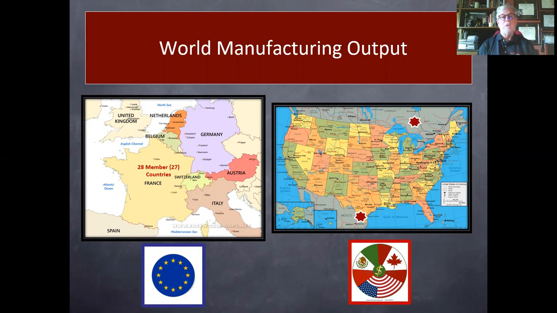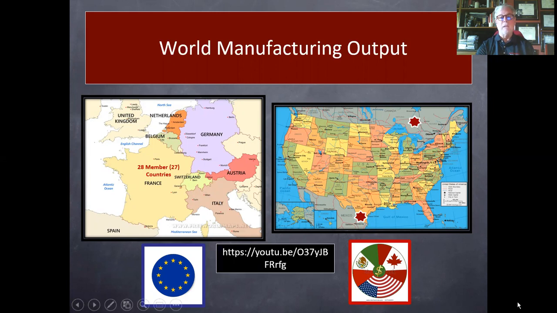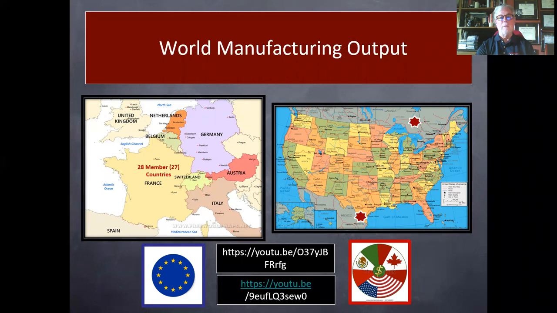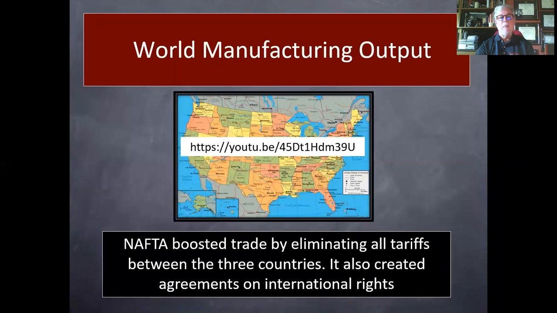Now, the European Union originally consisted of 28 countries. Now it's 27 because Great Britain, United Kingdom over here, decided they would be better off alone. You can take a look at some clips, 2 of them, that have to do with the European Union. NAFTA in the United States and North America boosted trade by eliminating all tariffs between the 3 countries.